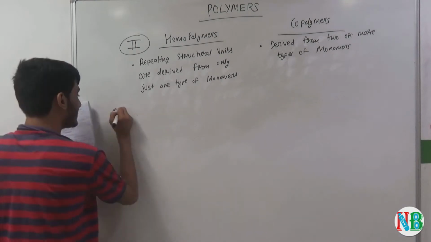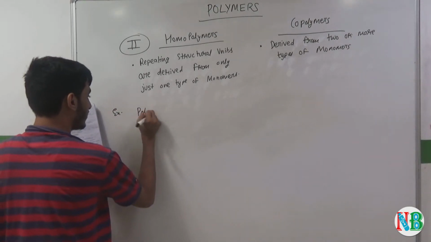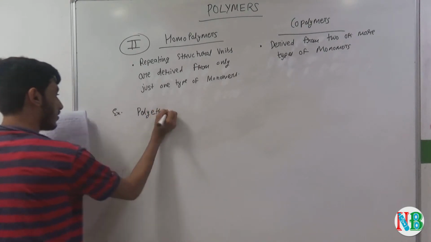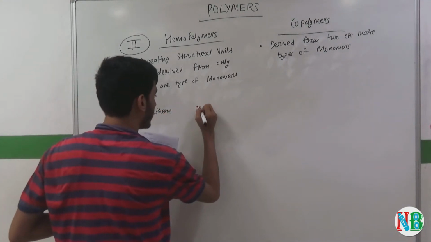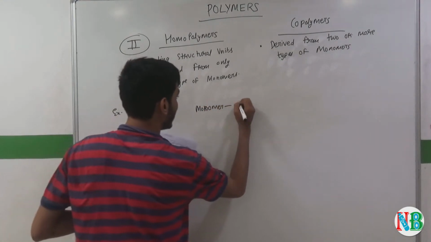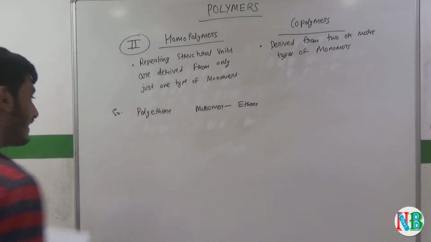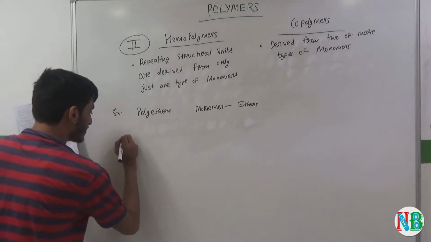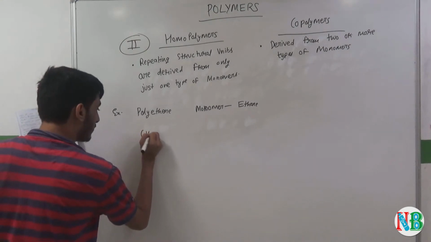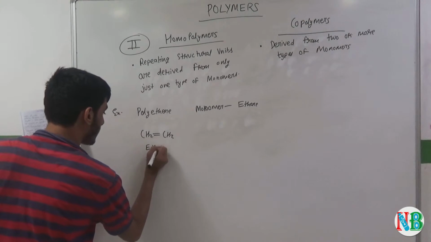Okay, so its example is polythene, and its monomer is ethene. So what happens if we see the reaction? The reaction looks like this. This is the molecule of ethene, we know that's ethene.